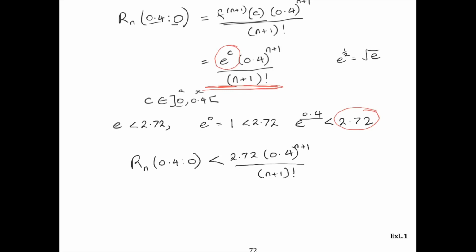Okay, do you understand, girls? Basically, for e to the c, I don't know what c is, so I need to find a limit to it so I can get rid of c. And I realized e to the c is always going to be less than 2.72, which means this is less than 2.72 times 0.4 to the n plus 1 over n plus 1 factorial.